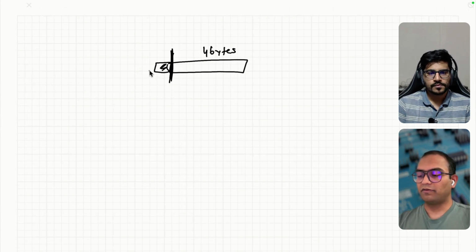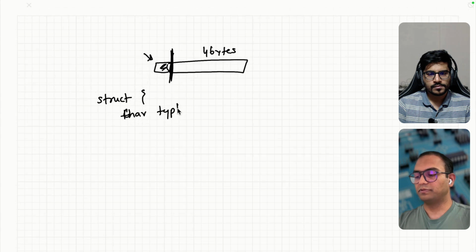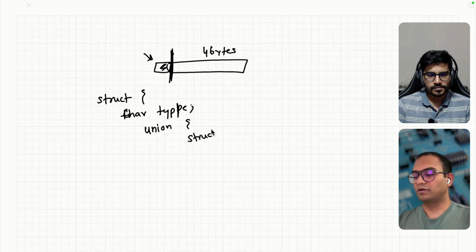So what we can have is a struct with a character which conveys the type, and within that we can have a union.